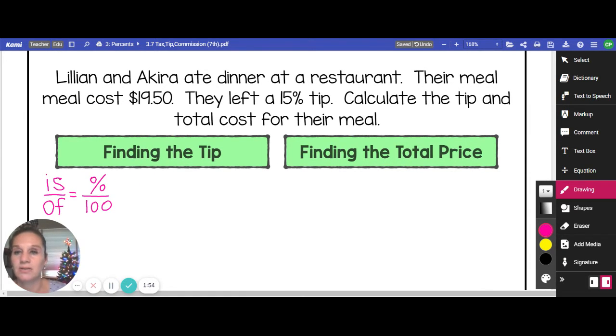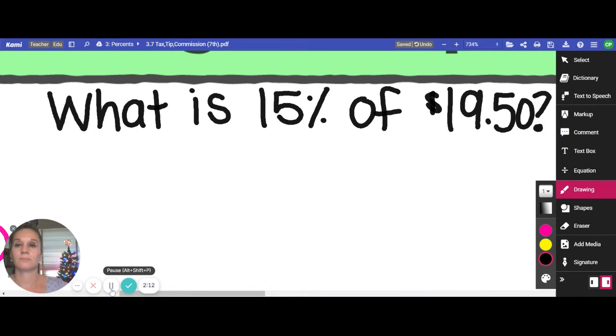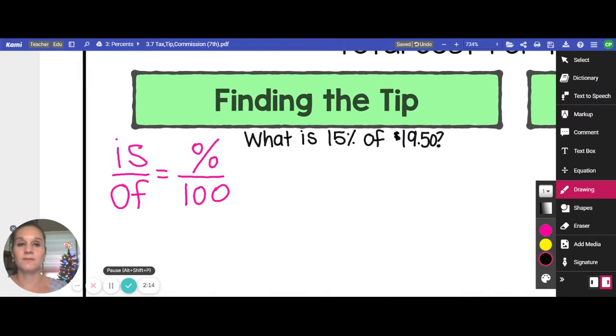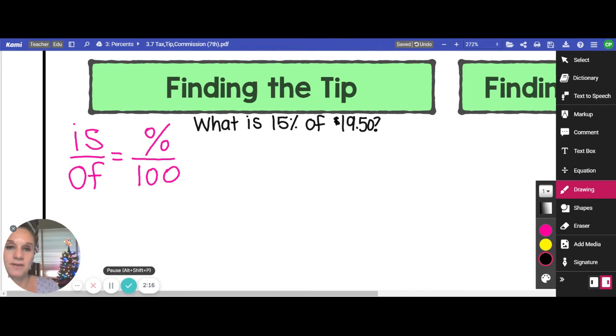So it says their meal cost them $19.50 and they left a 15% tip. So we want to know what is 15% of $19.50. So I'm going to pause this and I'm going to write that real quick. So there's my what is 15% of $19.50.